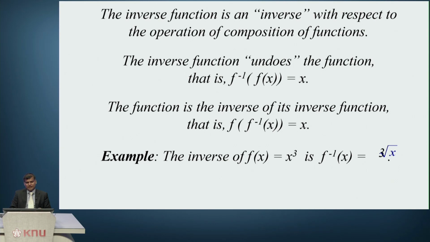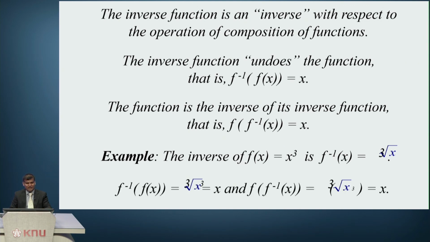Let's see here, the inverse of x cubed is f inverse of x, that is the cube root of x. Whether we take f inverse of f of x or f of f inverse of x, both reveal the same result, that is x.